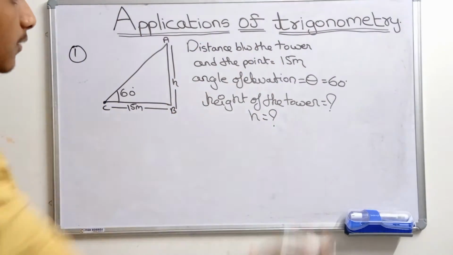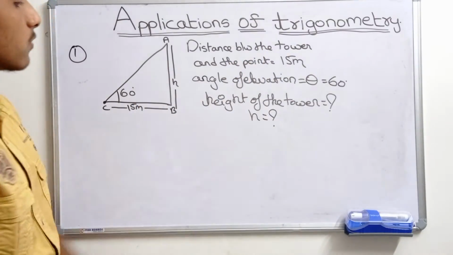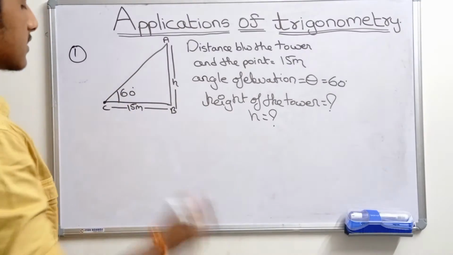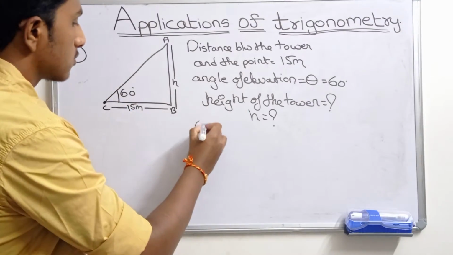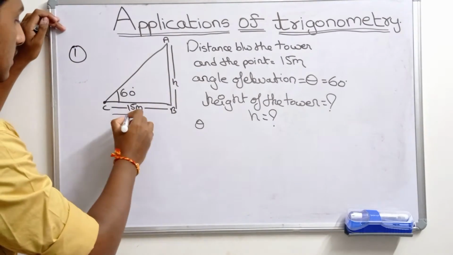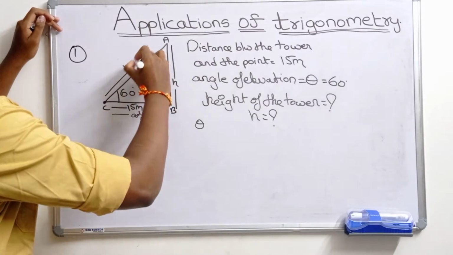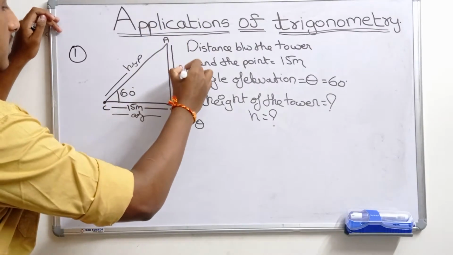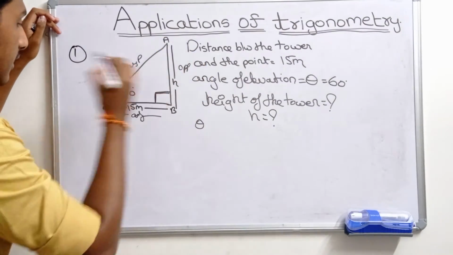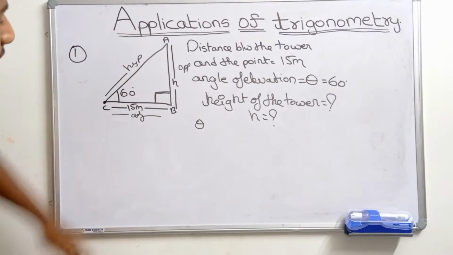Distance between the tower and the point is given to be 15 meters and angle of elevation is equal to 60 degrees. We have to find the height of the tower. So according to this angle, we consider this angle as theta. According to this question, this is the adjacent side, this is the hypotenuse, and this is the opposite side. Guys, am I right? Because this is the right angle, 90 degrees, this is the hypotenuse, this is the opposite, and this is the adjacent.